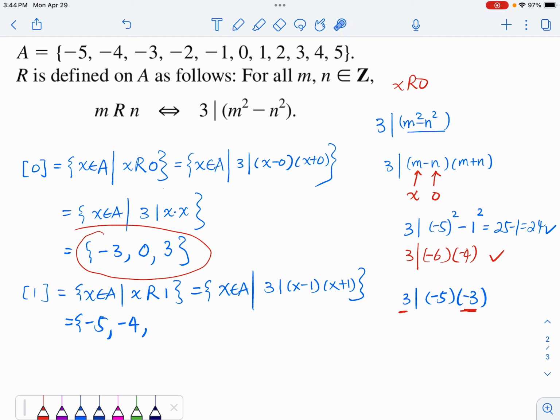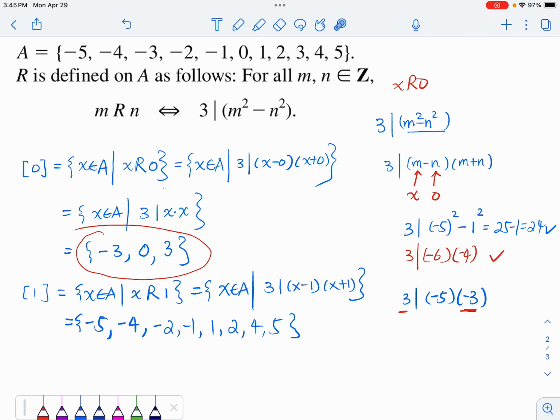Now if you resume the video and try it, you just repeat that. Every other element should be in this one. We can try -2. -2 minus 1 is -3, and I already know this is divisible by 3, so -2 should work.